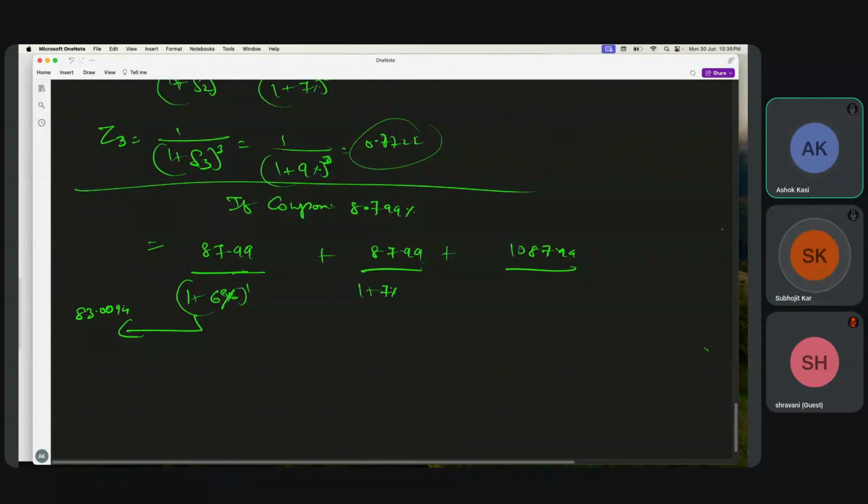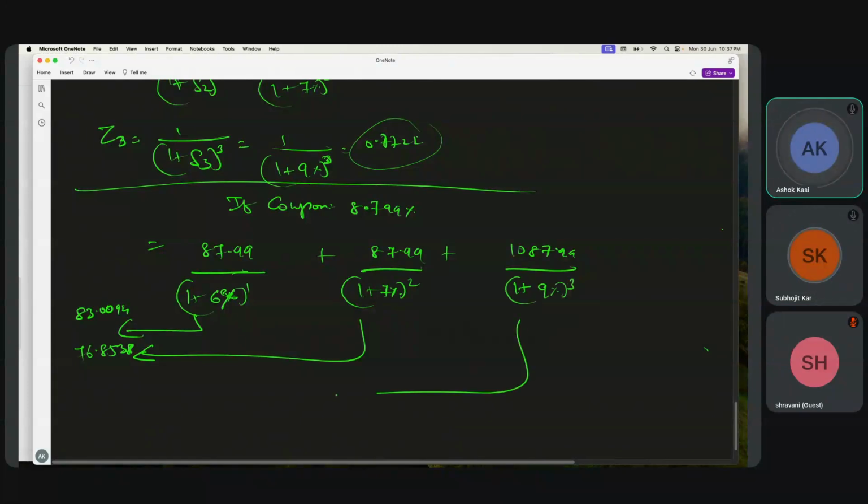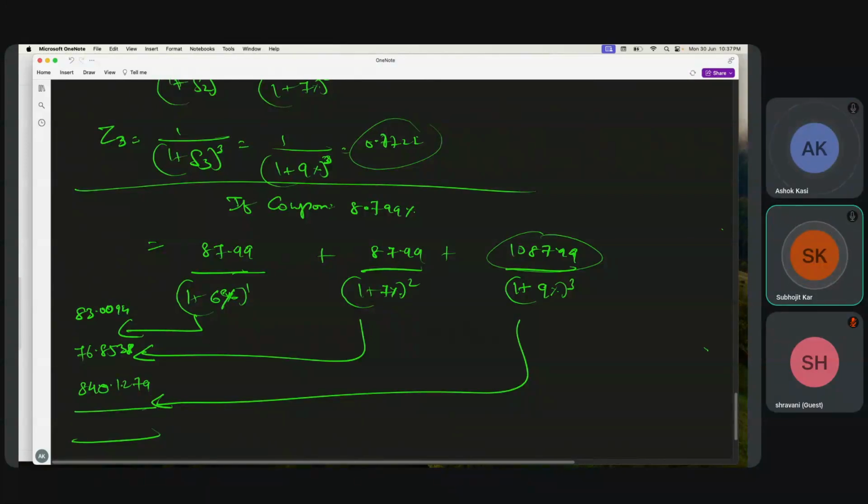The 2-year spot rate gives 76.8538. Then 9% raised to 3 on 1087.99 gives 840.1279. Adding up, it comes to 999.9912.